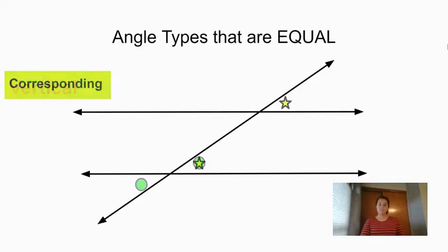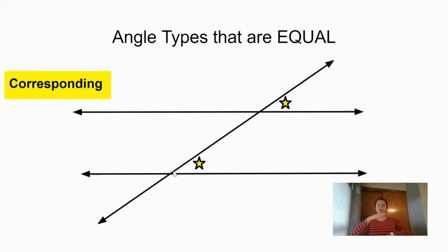Another one we said are corresponding angles, and we know that corresponding angles are equal to each other because, 1, they're on the same side of the transversal. So those 2 stars are on the right side of the transversal. And we also said that there are 4 quadrants that it could be in, or 4 corners around each point of intersection. Remember, this is our point of intersection, and there are 2 of them.